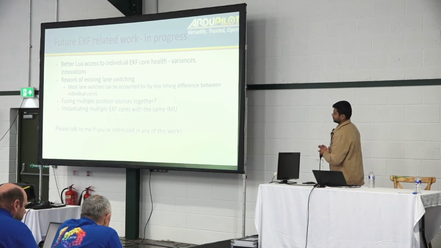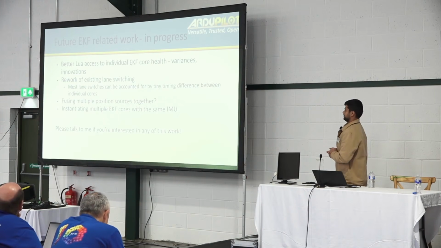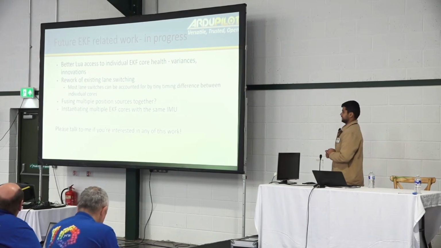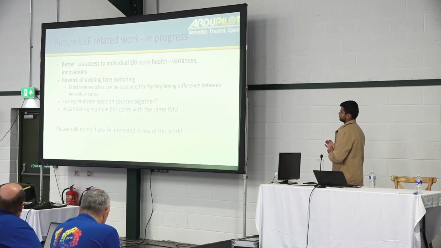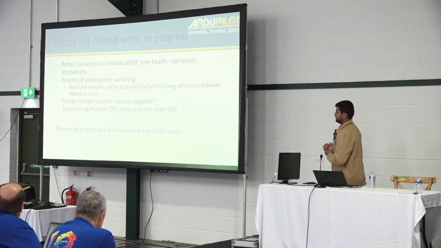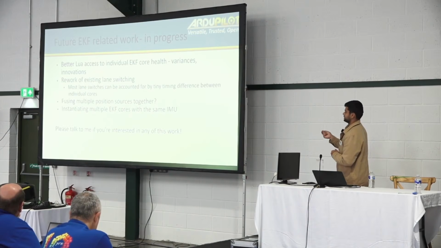I also want to rework some of the existing lane switching logic that we have. This is the one that I've not made any headway with. It's really complicated. And the reason I want to rework the existing lane switching logic is because most of the lane switches that I see on a day-to-day basis can be accounted for by just tiny timing differences between individual cores.